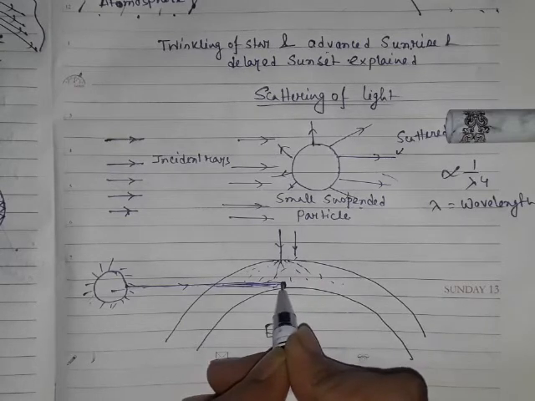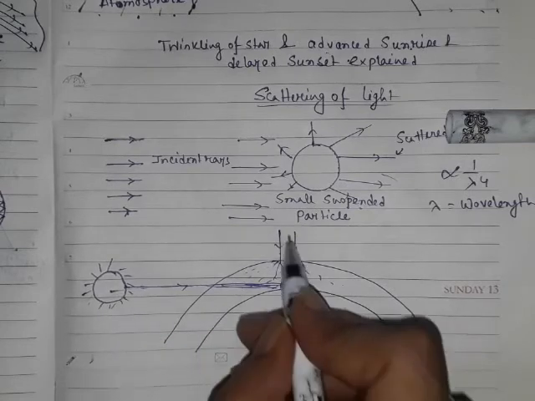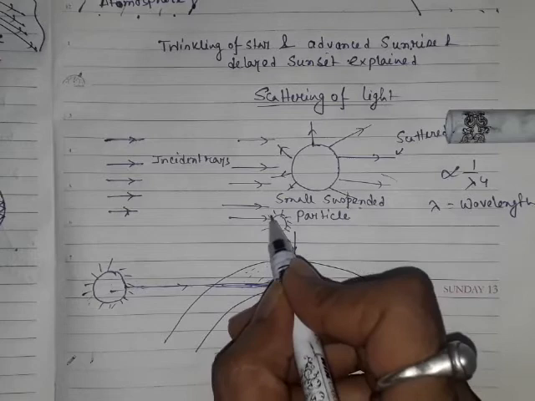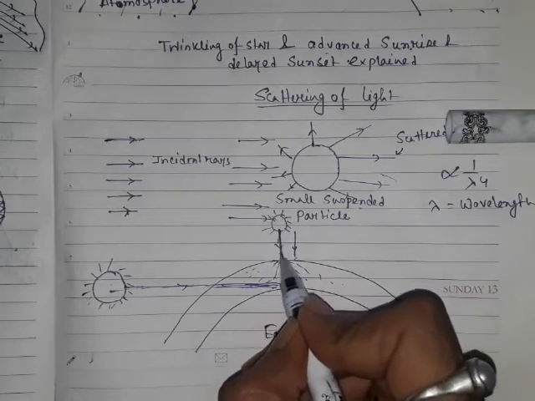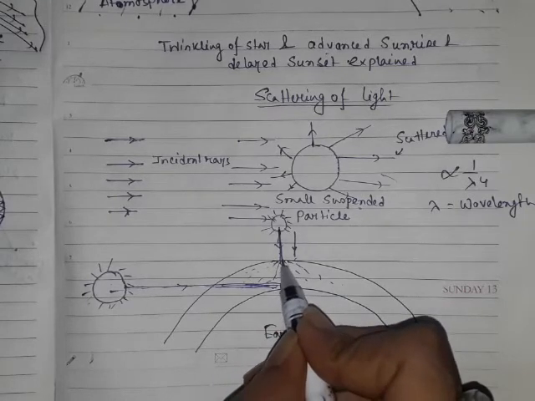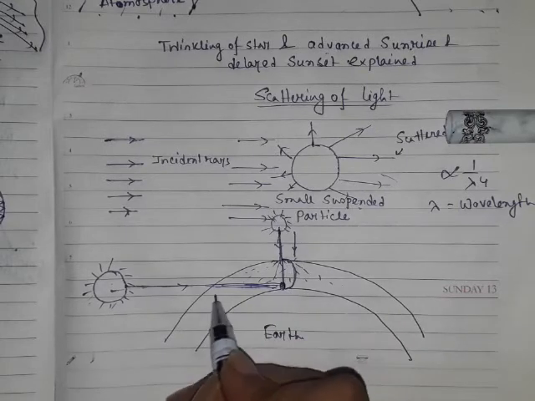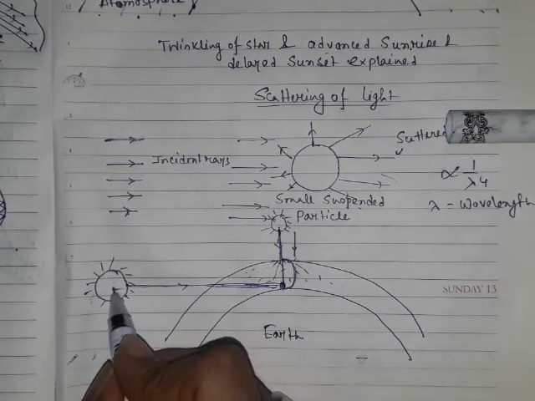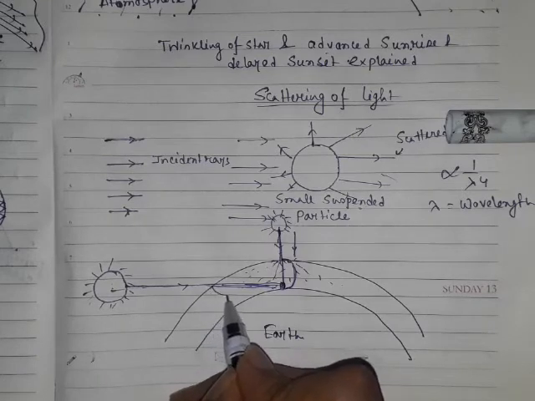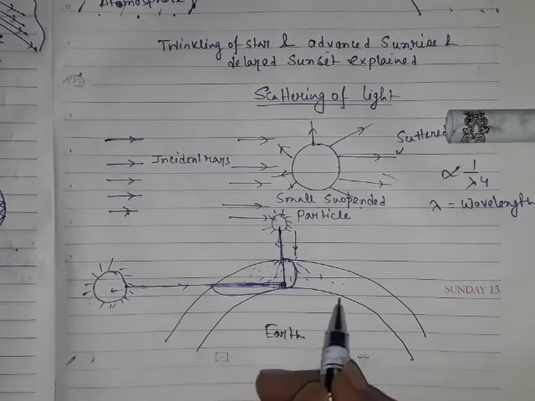Now the sun is here. If the sun comes to here, that means at midday, this ray is coming directly from here. For this case, the ray is traveling a smaller distance through the atmosphere, but during sunrise or sunset, this ray is traveling a very large distance through this medium, through this atmosphere.